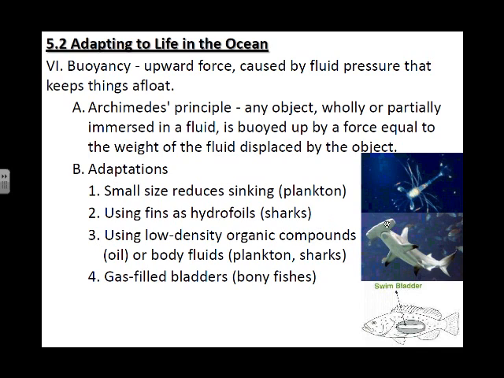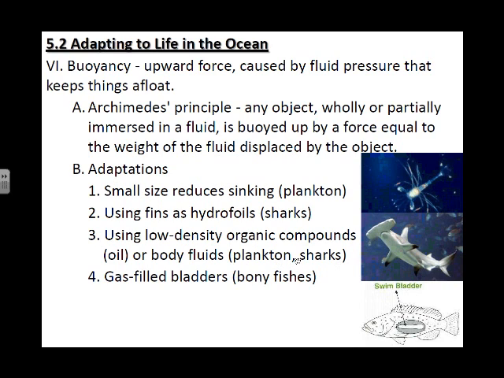This cephalofoil gives the shark a couple of advantages. We'll talk about that when we get to them, how this front end of their head almost acts like a metal detector. It helps with their vision, but it also acts as a hydrofoil to help sharks stay buoyant. Because some sharks, once they stop swimming, will sink, so they have to keep moving.